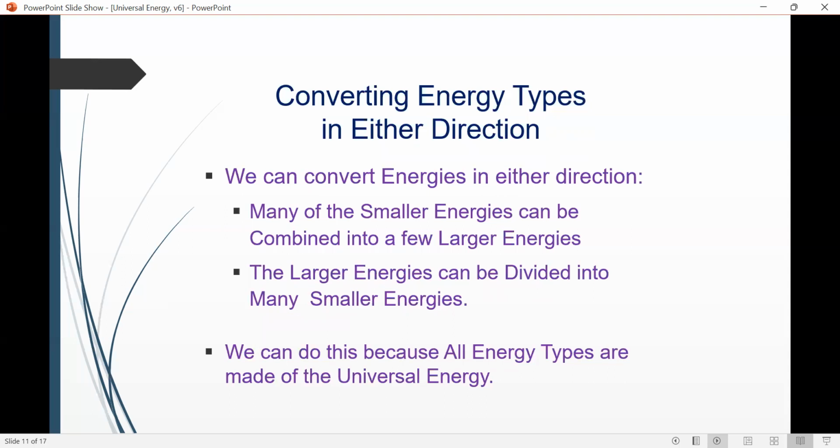We could also convert the energy types in either direction. We can combine the small units into a larger container, or we can take the larger energies and divide them up into smaller containers. We can do this because all energy types are made of the universal energy. That's the key. We can convert any type of energy to another because they're all the same substance.